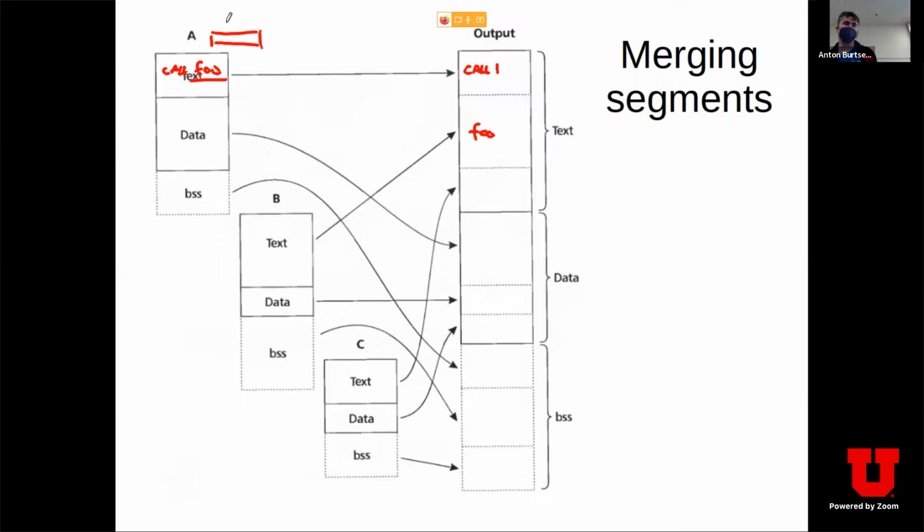You put some fake address here, but at the end of the container which holds this file, you remember that at this spot you have to patch the address. So when you call foo, you now have the real address of foo. Let's assume this address is A. You really have to put A here. Agree with this? And there's another problem.